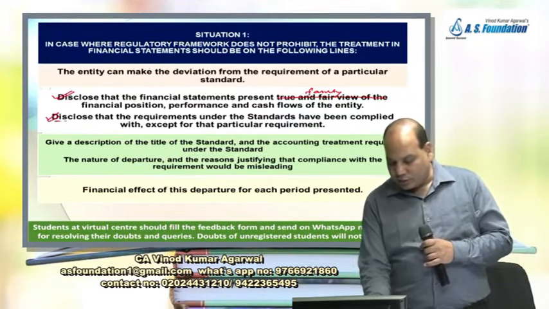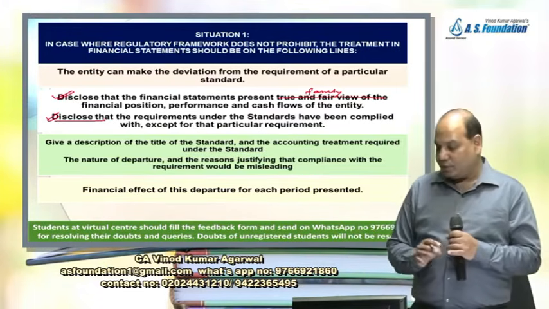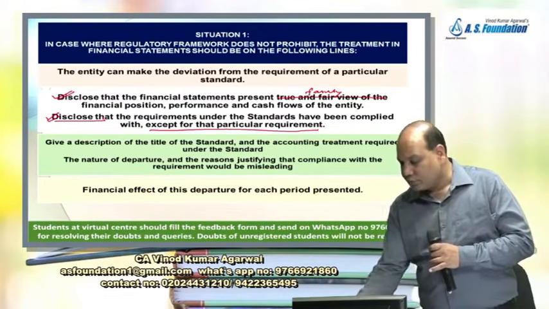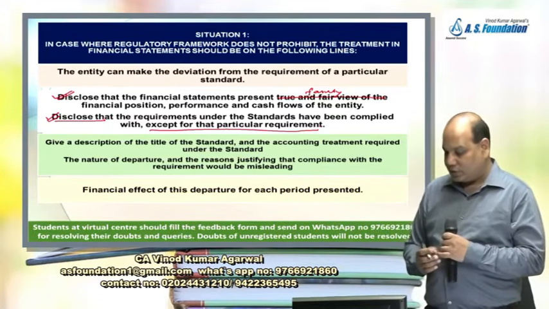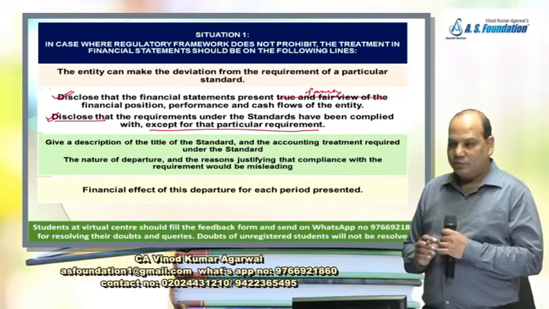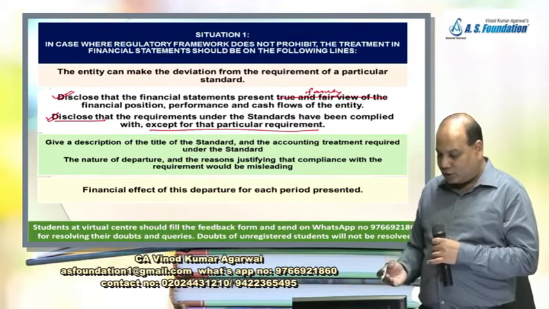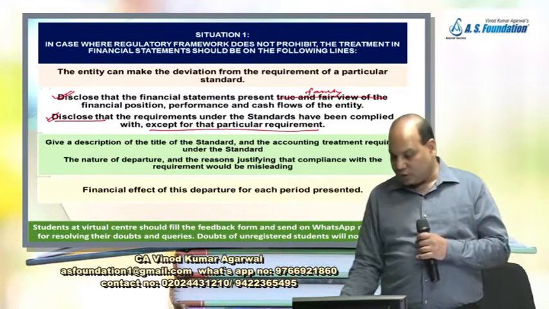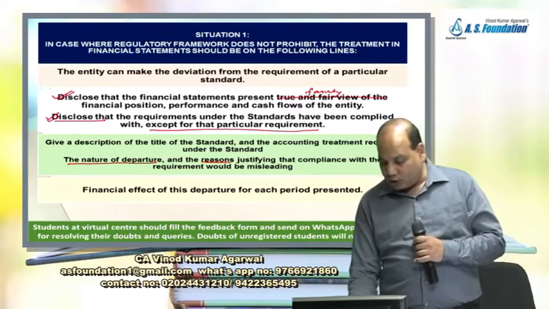So your disclosure requirement will become more extensive now. Give the disclosure that the financial statements are IFRS compliant subject to the following deviation, and give a description of the title of the standard and the accounting treatment required under the standard, what you are supposed to do under the standard and what you have actually done, and the nature of the departure: what you should have done under the standard, what you have actually done, and why you have deviated.